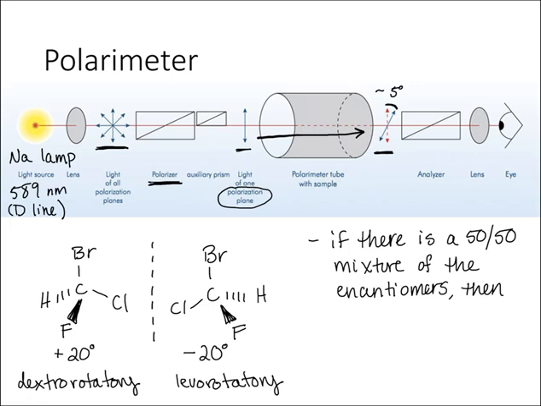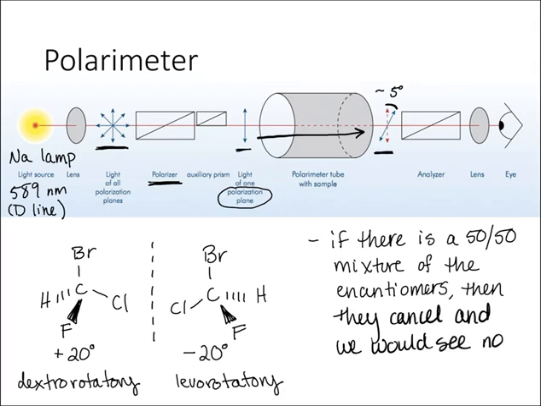Would we see any rotation of light, or would we still see some rotation of light? Well, if we have an exact 50-50 mixture of our positive 20 degrees and negative 20 degrees, then they're just going to cancel each other out. And we would see no rotation of light.